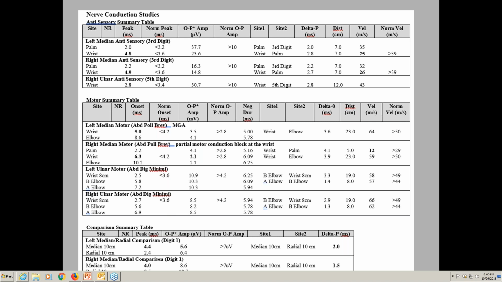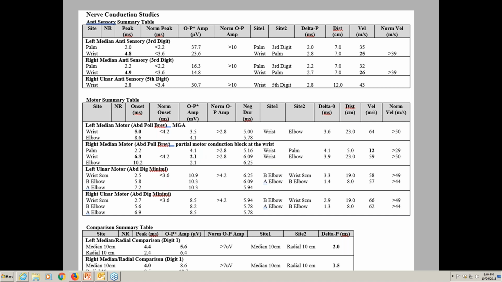This is indicative of partial motor conduction block at the wrist. Okay. I don't know that we would put it into 2 sentences. It's okay to use more than 1 sentence, but what's Kajal got to say?